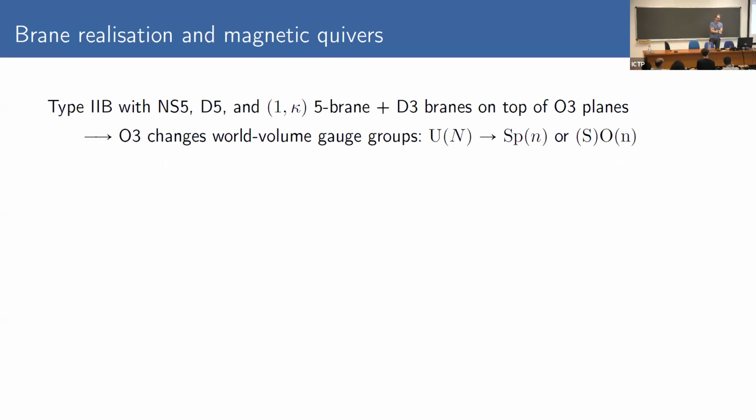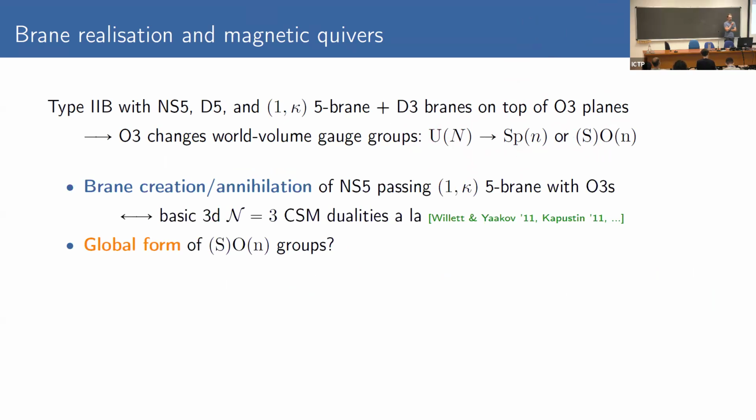So what we do is we upgrade our setup by including O3 planes. If you allow yourself to do this, then what we know is that the gauge groups change now to SP and orthogonal type. If we do this, we also know that we need to adjust a few things. We need to, again, reconsider brane creation and annihilation because now we have the O3 plane.